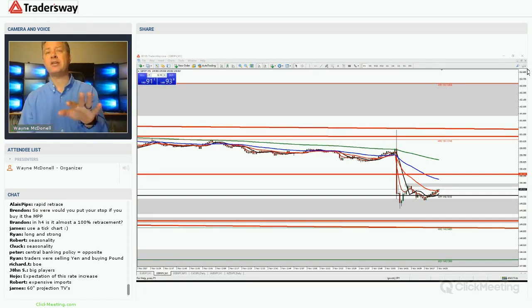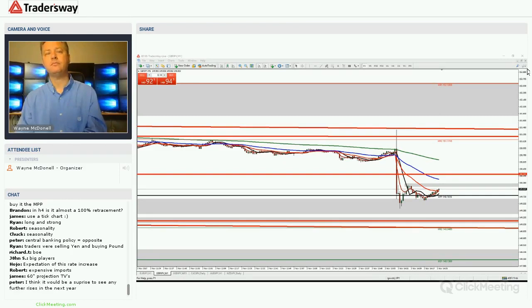The economy sucks, but the pound is strong. And yet amateurs will say, oh, well, the economy sucks, so the currency will suck. That's not necessarily true.